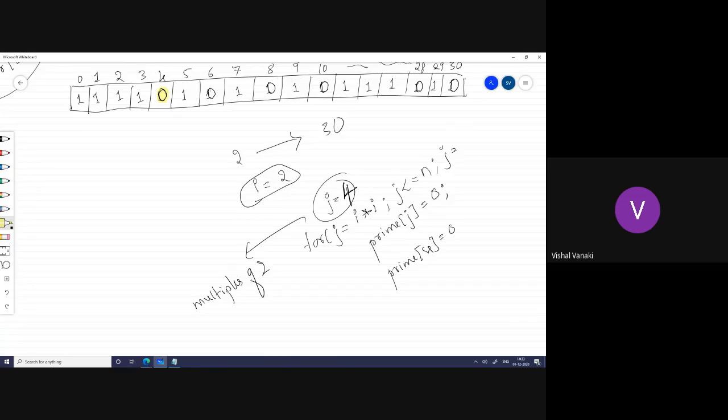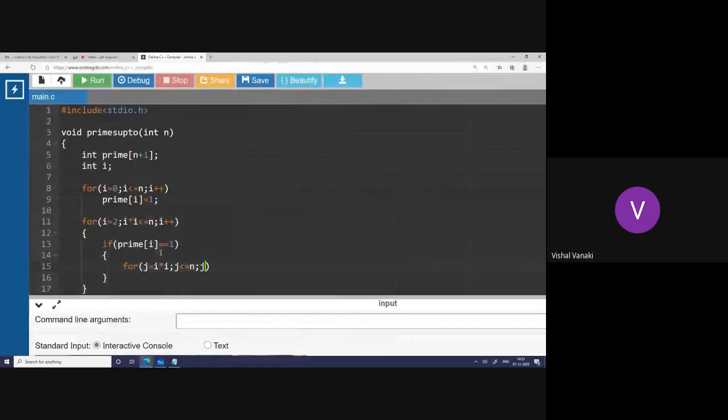My next multiple of 2 is j is equal to j plus I, correct? J value is 4 plus 2. Every time it gets incremented by I. So that's the reason you can increment it by I. J is equal to j plus I. So inside this, you can make all those multiples of those indexes as 0.